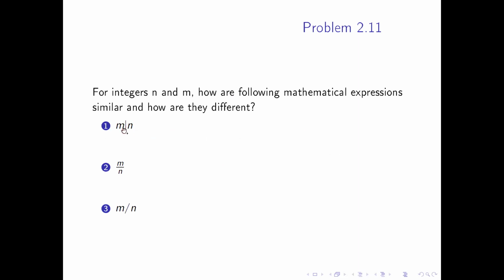M divides N. By definition, this literally means that N, the second number, equals M times K for some integer K. So that's what this first one means. This one right here literally means M divided by N. Now, there is a problem there.